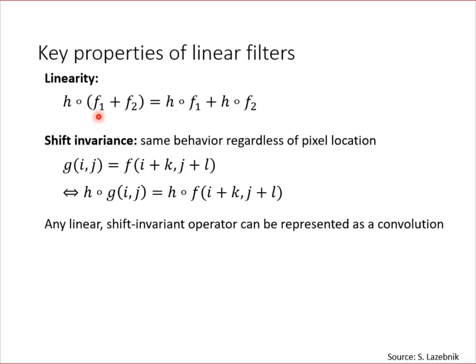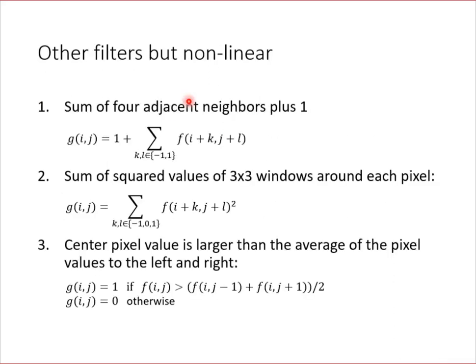Okay, let me explain that. Keep it easy. If you sum two images up and apply a filter, the result will be the summation of the two images with the filter applied, right? And take a look at this. Okay, that's right. Good, very good.